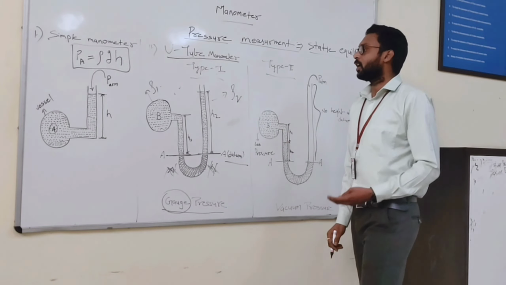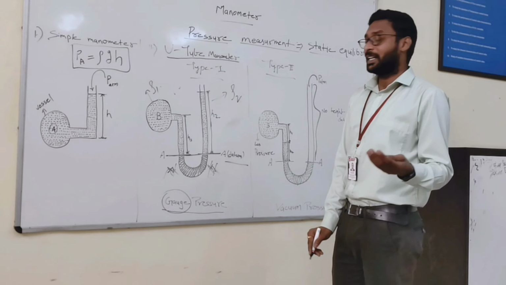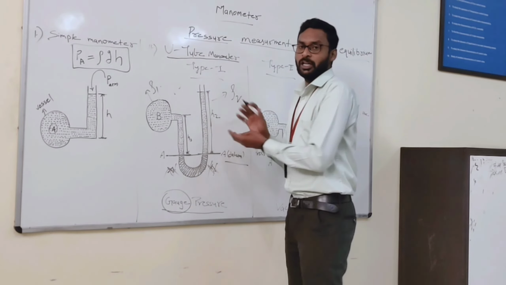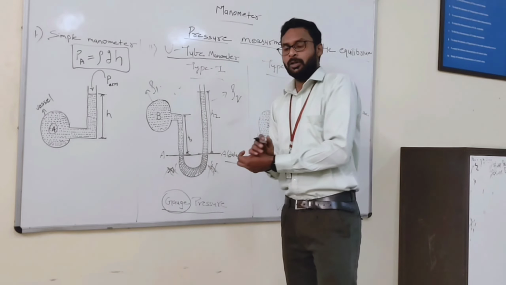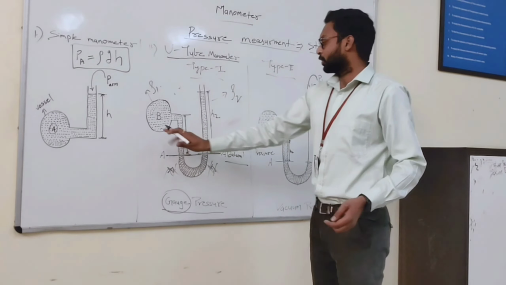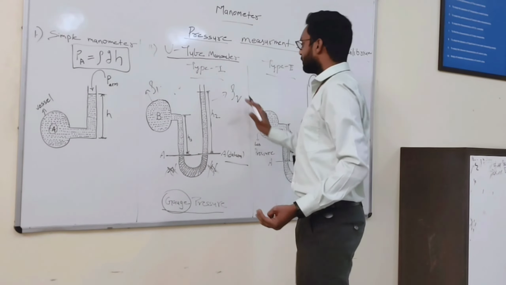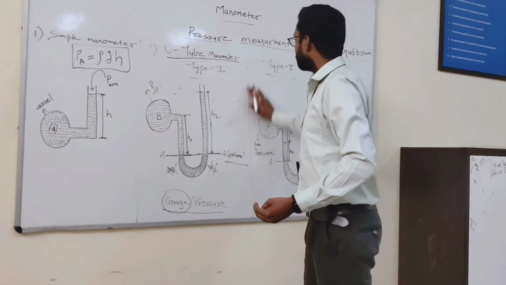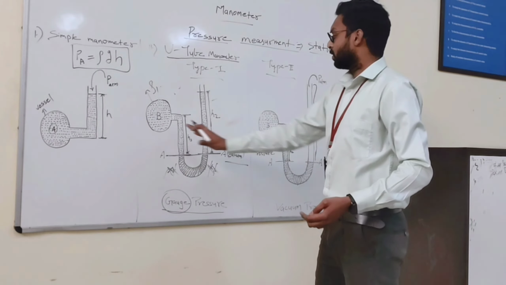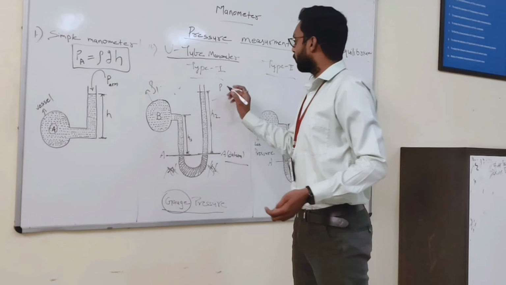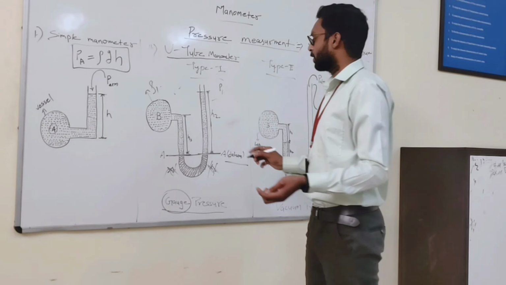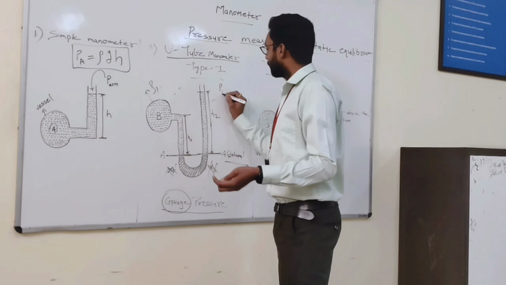Now let us see how we can find out the pressure of both the liquids in this particular equipment. First, the left side pressure, which I have written simply as P left.